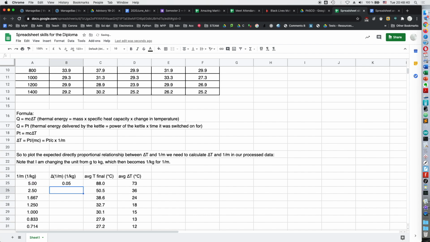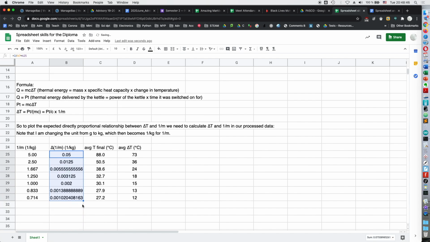So if I do that, I get 0.05, something very small. And then I'm going to extend this here till the very end. Important is, uncertainties in the IB are given to one significant figure most of the time. I want to prettify this and make sure that I only have one significant figure. If I shorten this one here, I'll be fine.